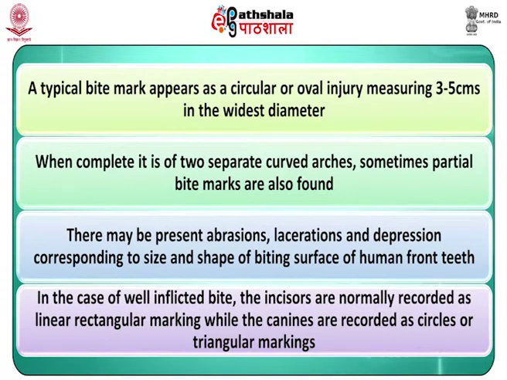They may present as abrasions, lacerations and depressions corresponding to the size and shape of the biting surface of human front teeth. In the case of a well-inflicted bite, the incisors are normally recorded as linear rectangular markings, while the canines are recorded as circles or triangular markings.